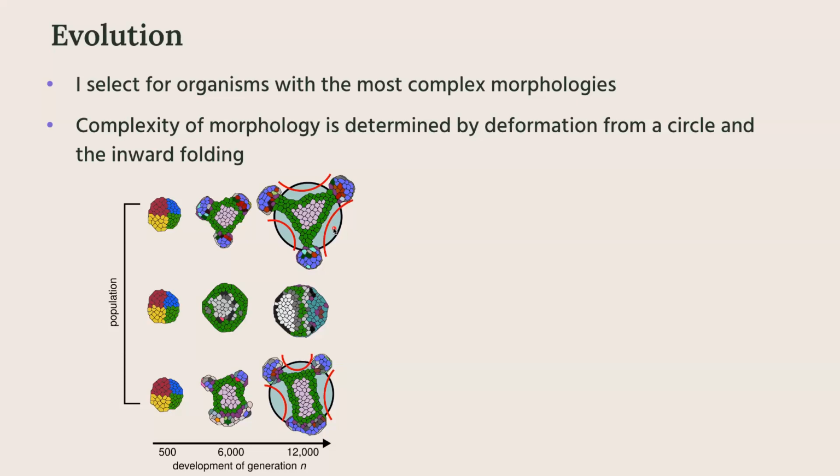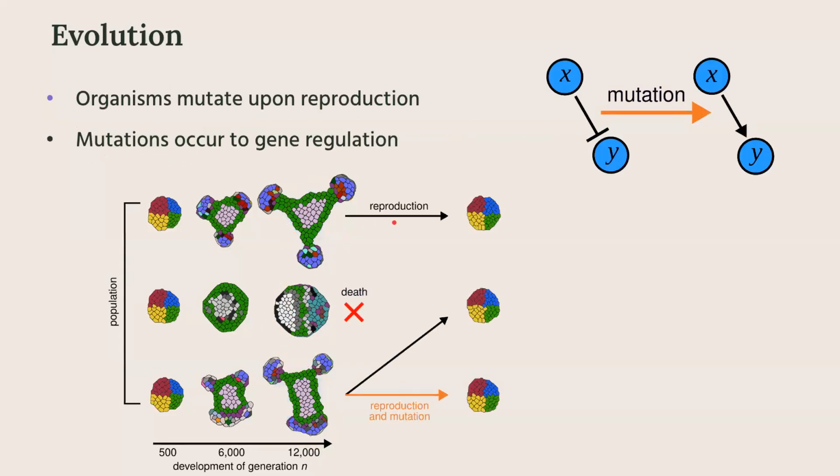And the way I select for complex morphology is by how much the organism deviates from a circle and how much inward folding there is. So we see with this organism here, it has inward folding, and it's clearly not a circle. And the same for this one down the bottom here, but the one in the middle just remains as a circle through development. So that one in the middle will die and the other two will reproduce.